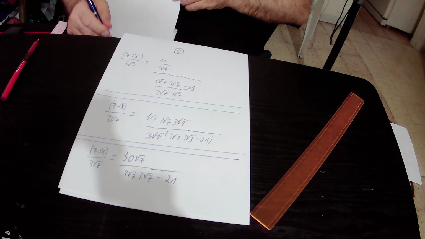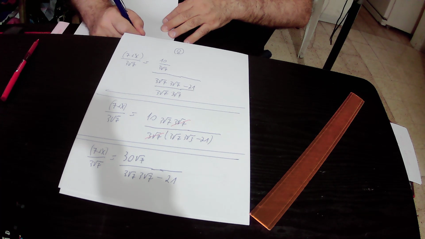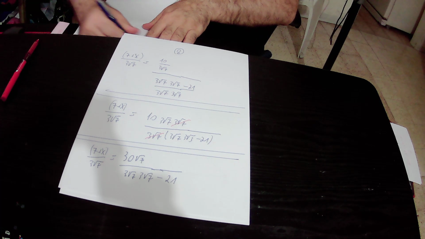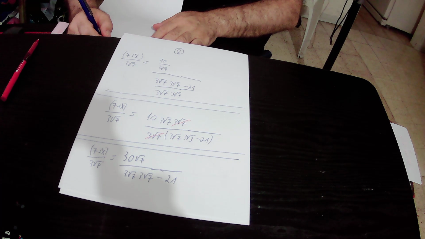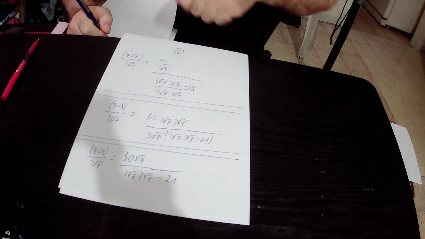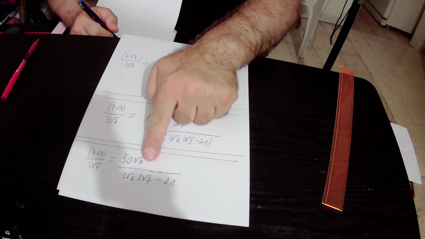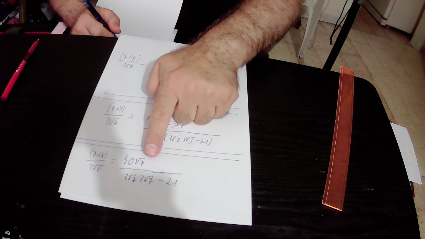So actually 7 plus x over 3 times root 7 equals 30 times root 7, and in the denominator we have 3 times 3 is 9, and root 7 times root 7 is 7. So 9 times 7 is 63.